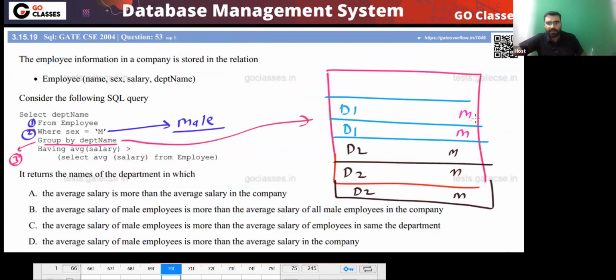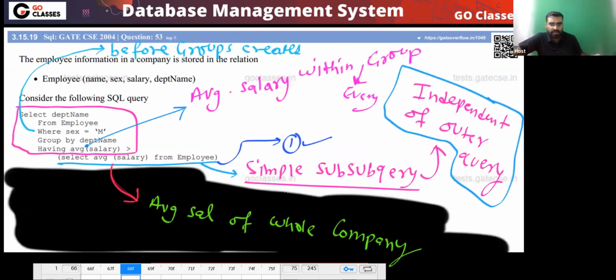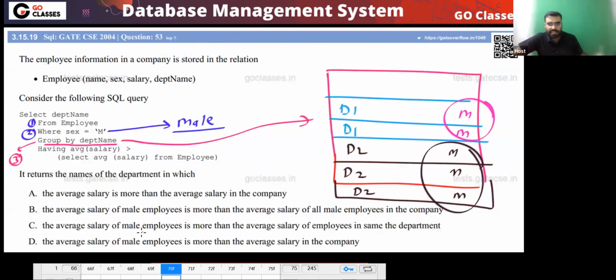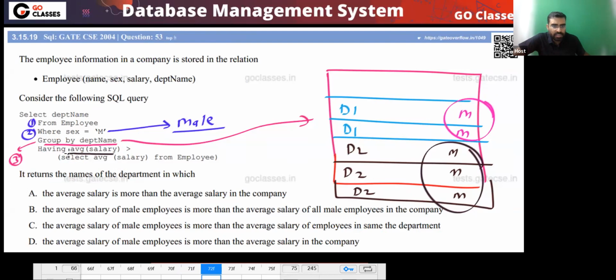So in all the groups, you will have only males. Is this clear? So only groups of males will be there. That is the reason finally you can notice it will happen within a group. Because every group contains males only, this average salary is the average salary of male people in every department.